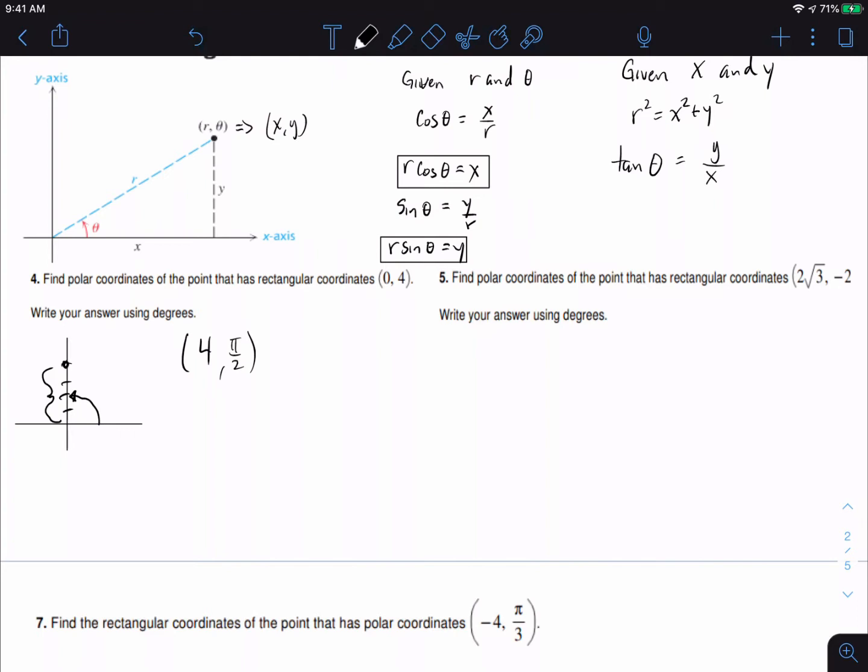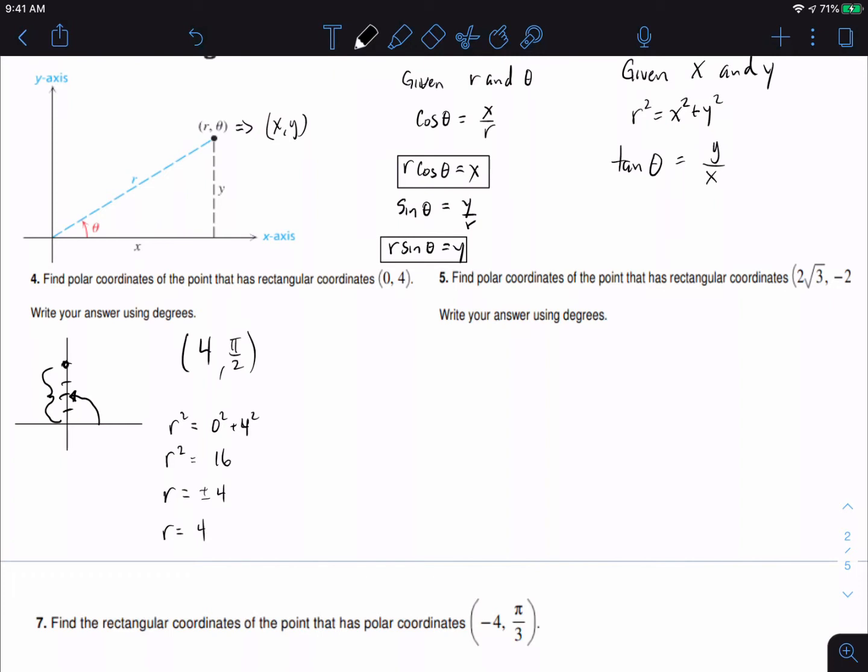So that's one way to do it. The other way to do it would have been to go, okay, r squared is equal to 0 squared plus 4 squared, which would have been r squared is equal to 16. So r is equal to plus or minus 4, right? But our radius is going to be a positive in this case.